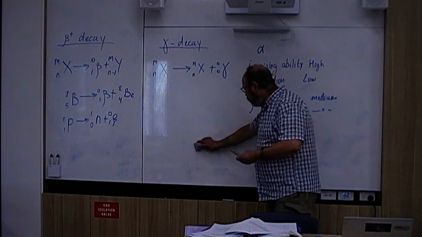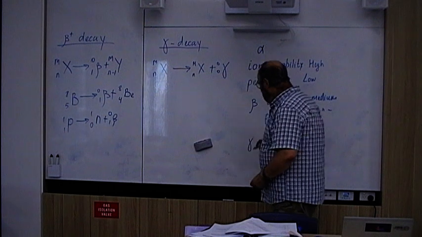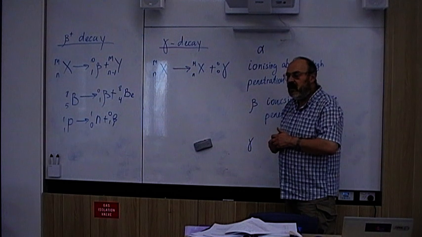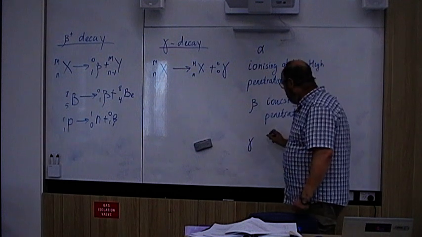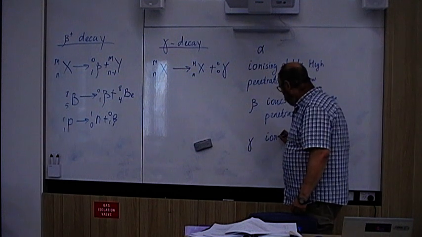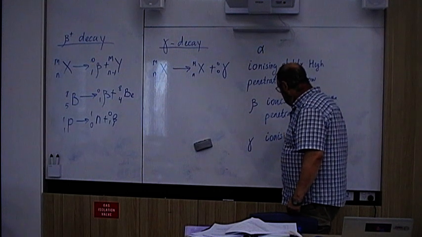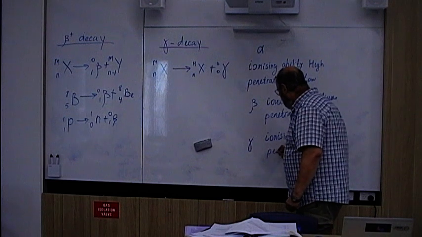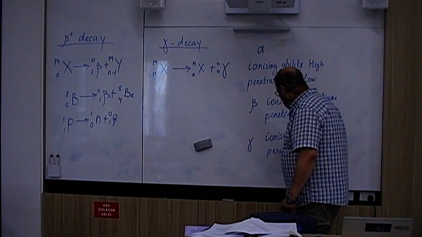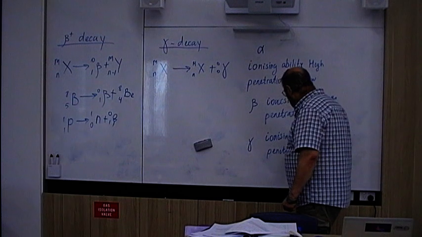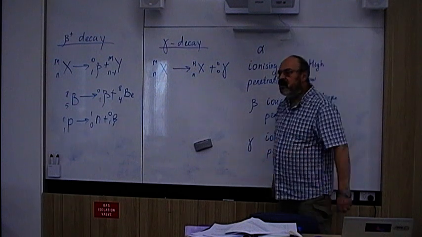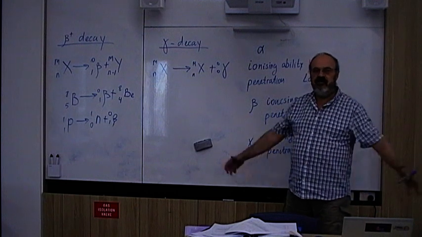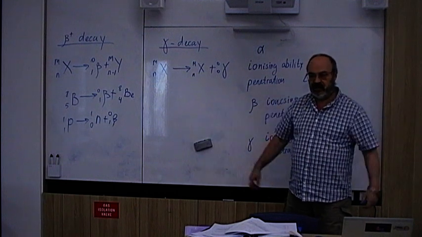And gamma radiation, because it has pretty much zero mass, because it's an electromagnetic wave, has very low ionizing ability, but it can still do it, while penetrating ability is huge, very, very high. To stop gamma radiation, you need either lead or a few meters of concrete.